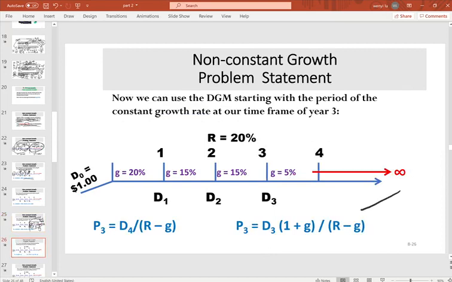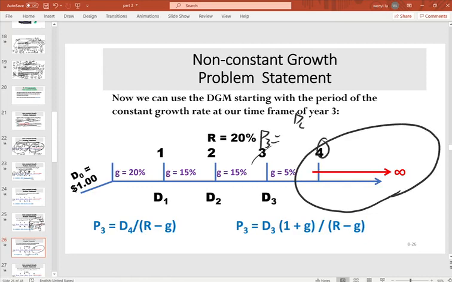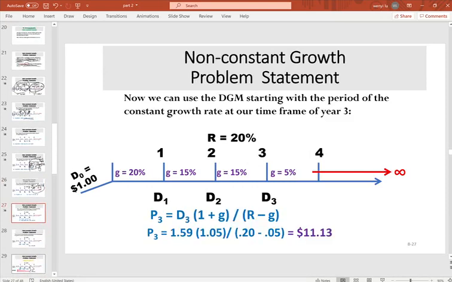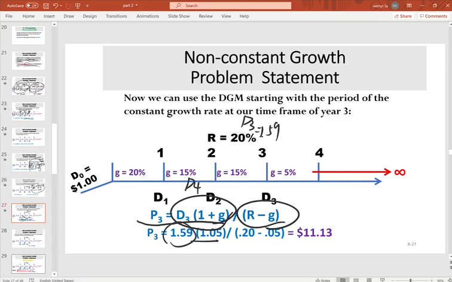Let's see the calculations here. Continuing from time 3 and forward, the price for this part, P3, equals D4, the next year's dividend, over R minus G. D4 equals D3 times 1 plus G. So P3 equals D3 times 1 plus G over R minus G. We have 1.59, which you solved at time 3, times 1.05, over R minus G, equal to $11.13.